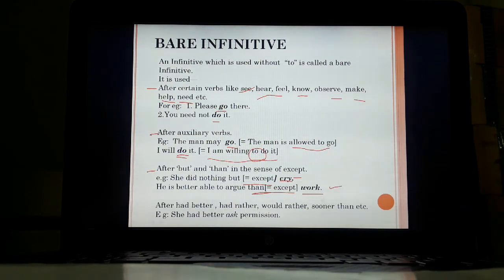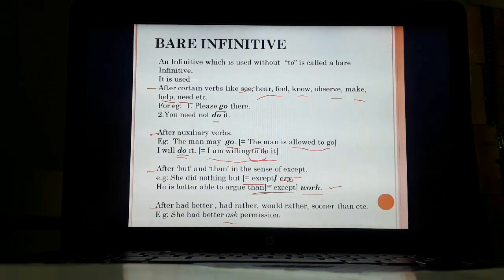Now the fourth case, after had better. Bare infinitives are used after had better, had rather, would rather, sooner than, etc. For example, she had better ask permission. So here ask is a bare infinitive. Why? Because to has not been mentioned.